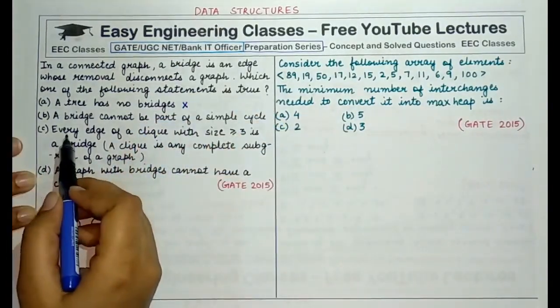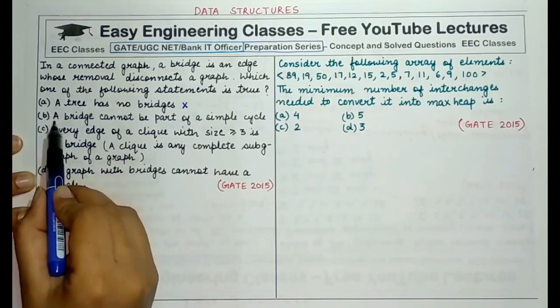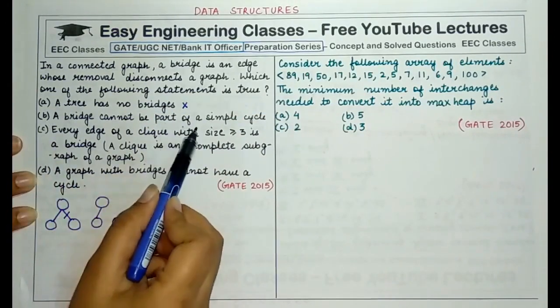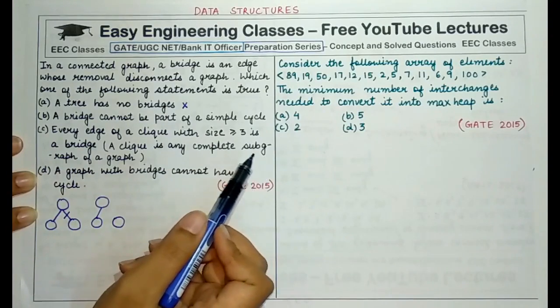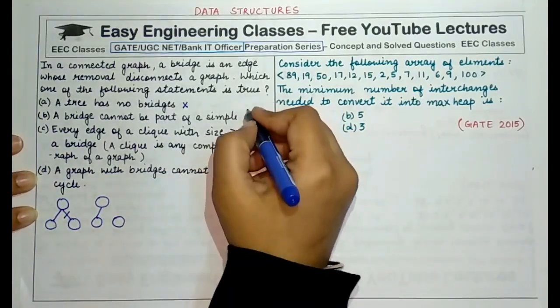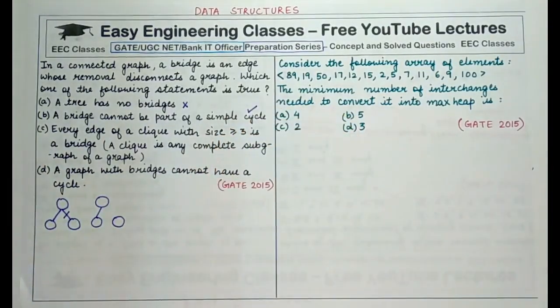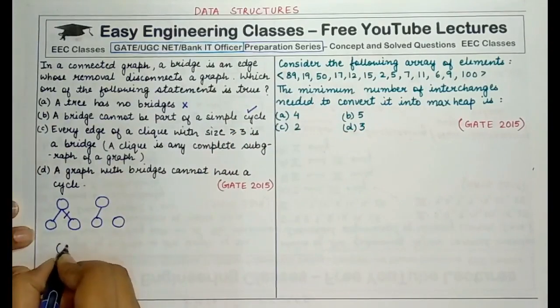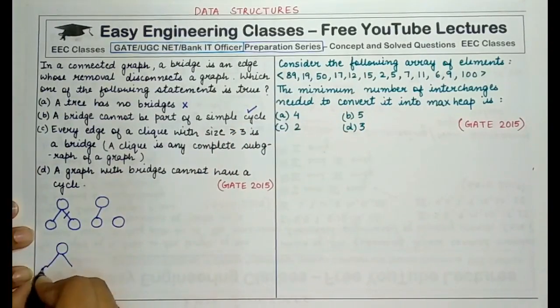Now coming to the second statement. The statement says a bridge cannot be part of a simple cycle. Yes, this is perfectly true. And why is it true? Because in a cycle, let's again take an example. This is a simple cycle again with 3 vertices.